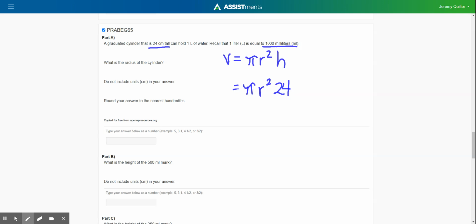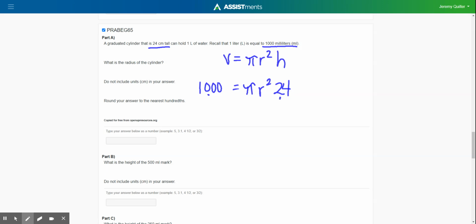How many cubic centimeters are there in 1 liter? You can Google that, or you can take the information given here, and we find that 1,000 milliliters would have to fit into this equation somewhere. So our total volume is 1,000 milliliters. But how does that compare when we're talking about 24 centimeters tall? They're not the same unit measures.